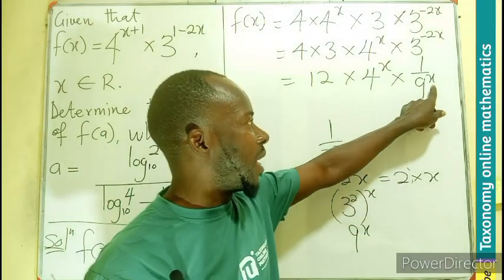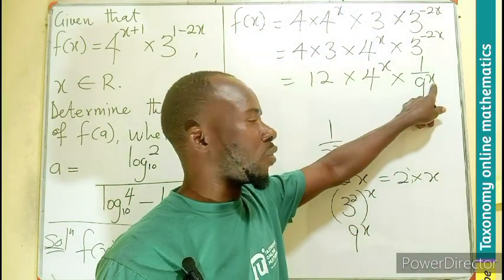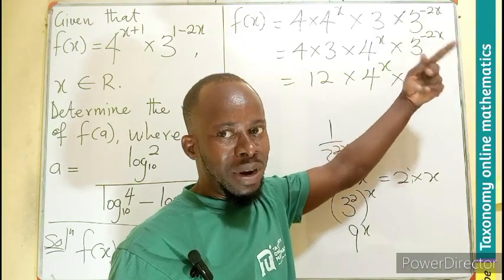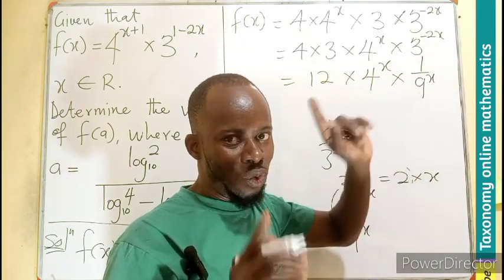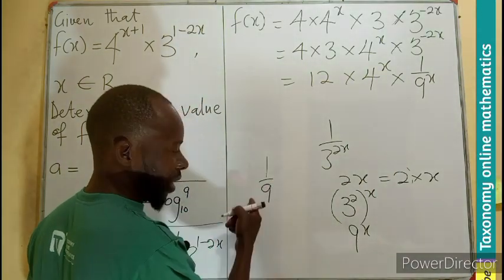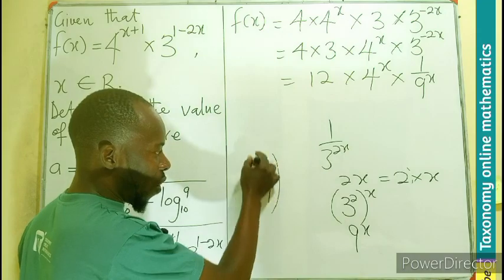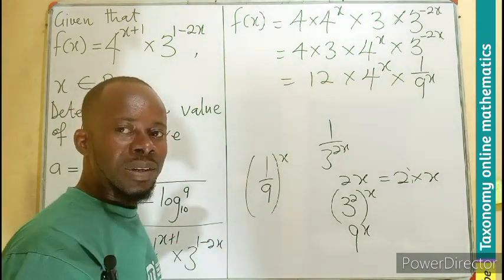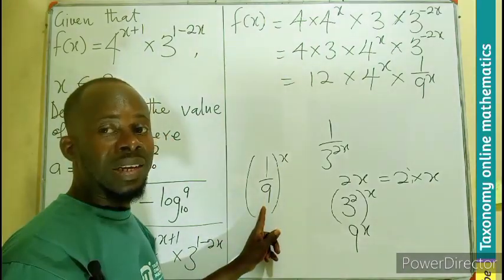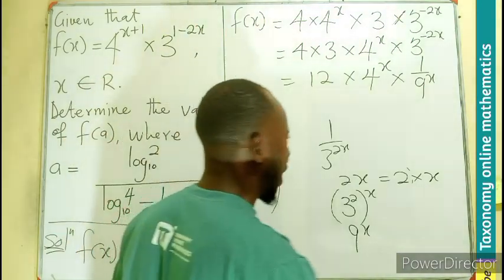But don't forget, this exponent can also affect the 1, because 1 exponent any number will still give us 1. So we can write 1 over 9, all exponent x, such that the exponent x is affecting the 1 and also the 9.